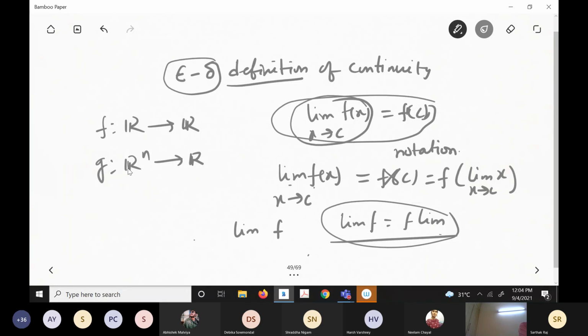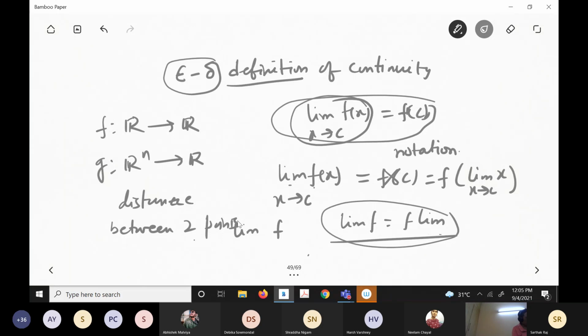Look, when you are defining the epsilon delta definition of continuity, you use the concept of distance between two points.